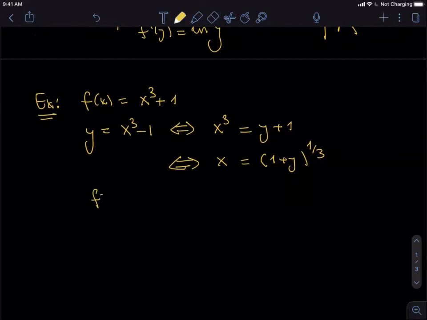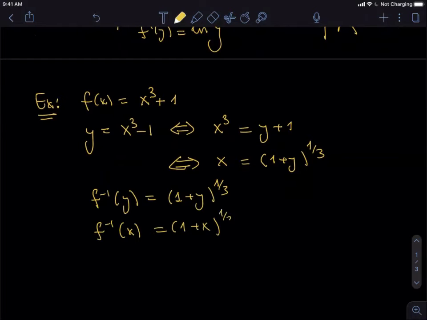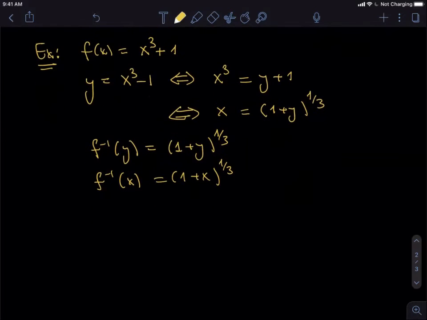So I can write the inverse with the variable y or I can write it with the variable x. Either way is good. Both are okay.